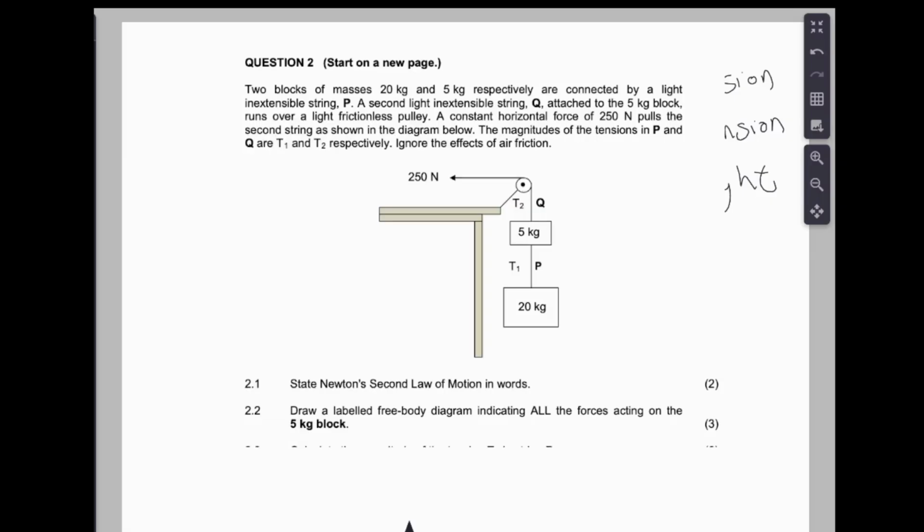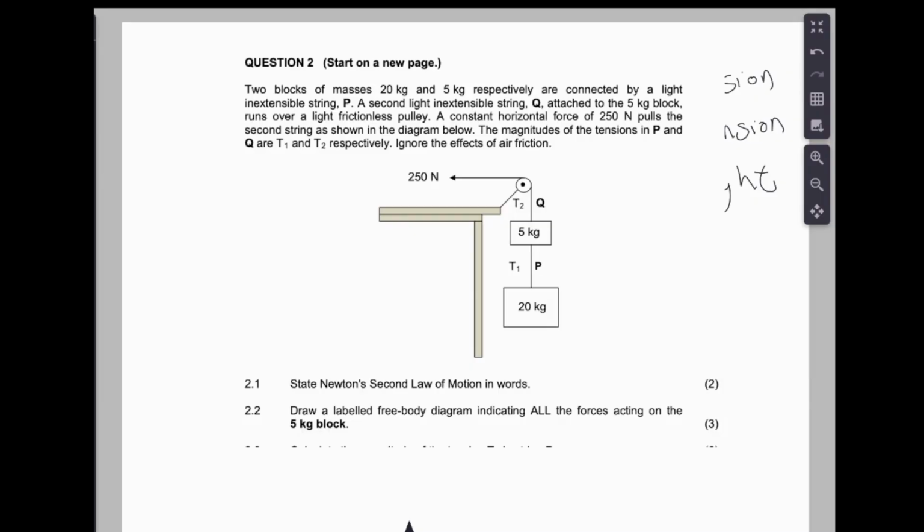The reason why we said that there is tension is because 2 blocks of mass 20 kg and 5 kg respectively are connected by a light inextensible string P, and a second light inextensible string Q is attached to the 5 kg block which runs over a light frictionless pulley. A constant horizontal force of 250 newtons pulls the second string as shown in the diagram below.